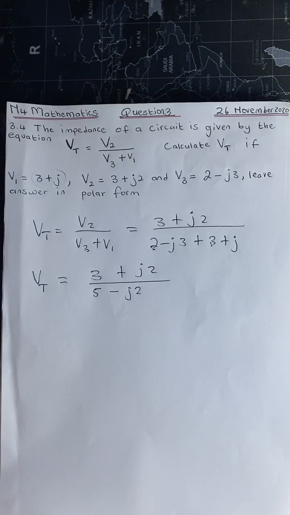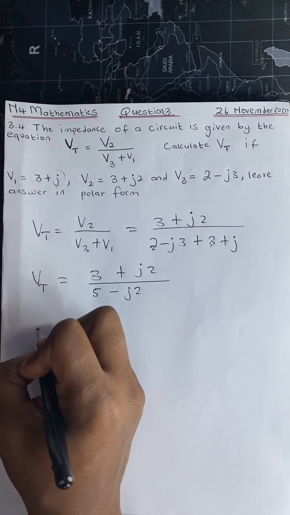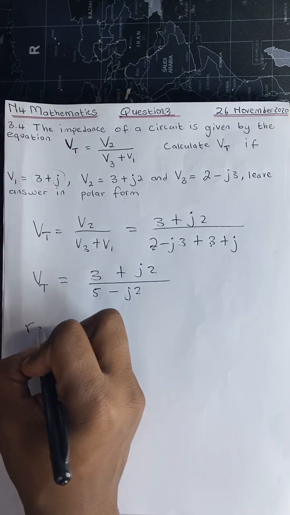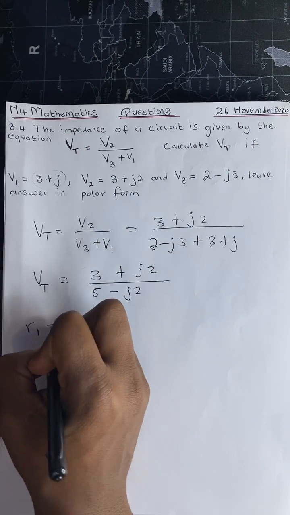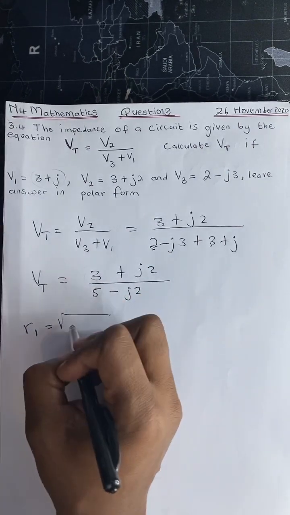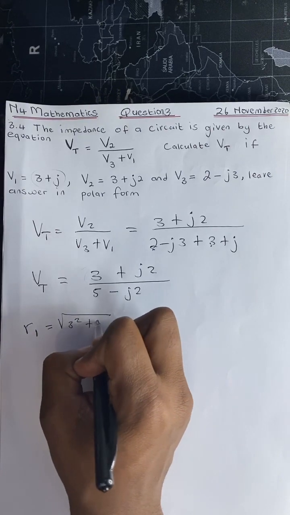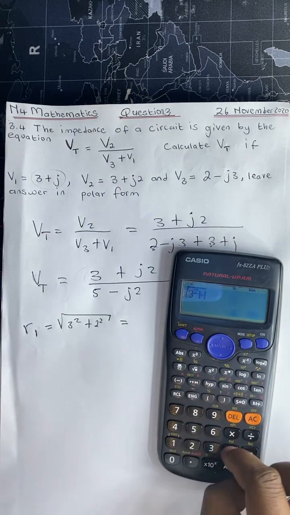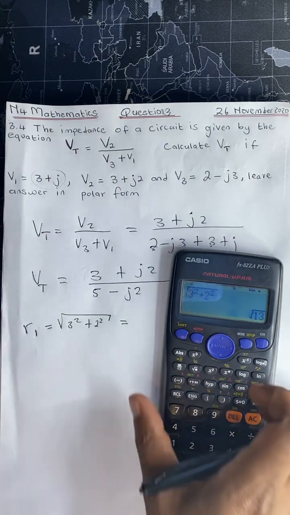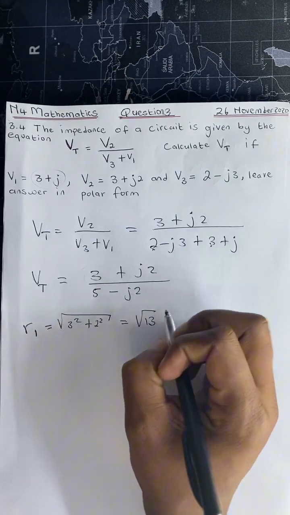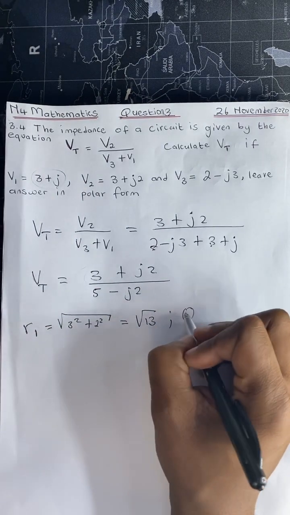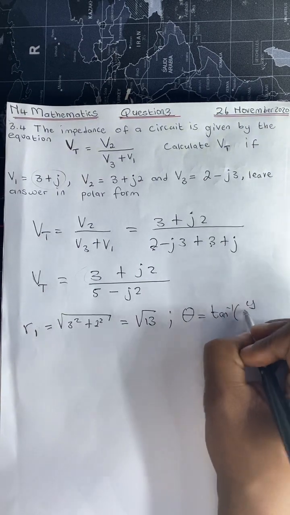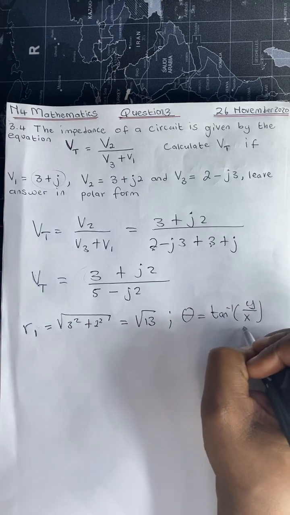So from here we can convert this. Let's focus on what we have here on our numerator. Let's call the radius r1, which will be equal to the square root of 3 squared plus 2 squared, which should be given as the square root of 13. And to find the corresponding angle, we have arctan of y over x, opposite over adjacent.